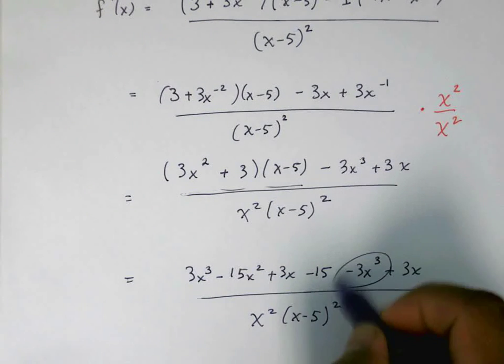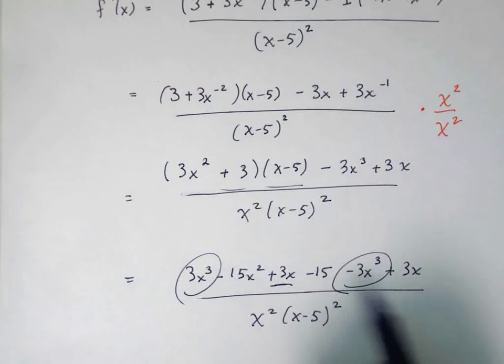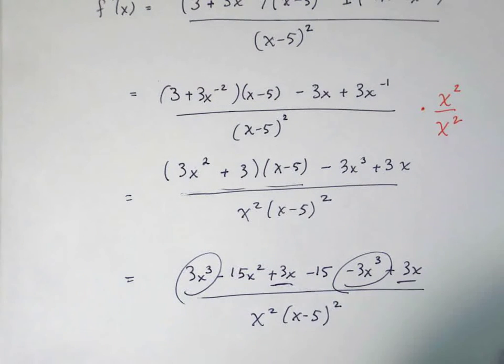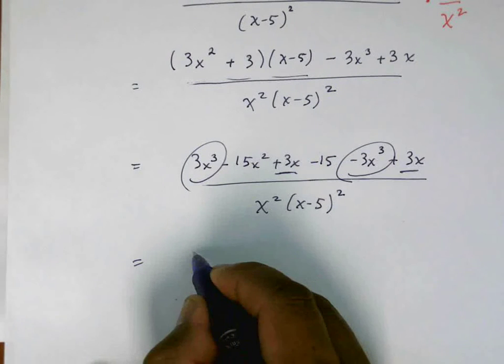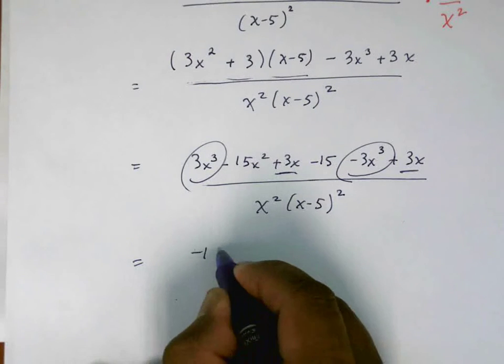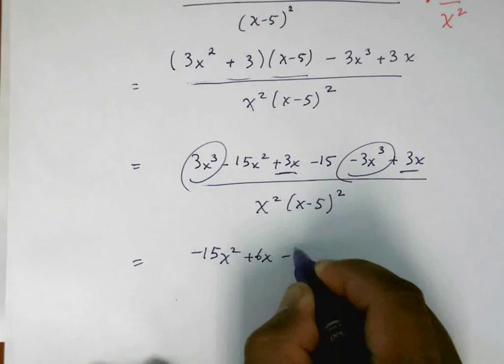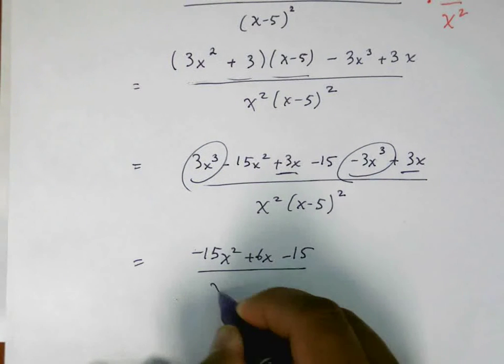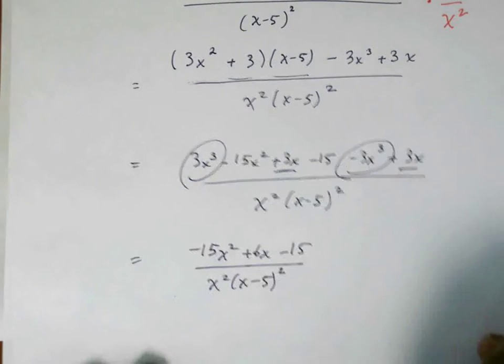Negative 3x cubed and 3x cubed, that goes away. Then we have 3x and 3x, that's going to give me 6x. So then what I have is negative 15x squared plus 6x minus 15 all over this expression, x squared times quantity x minus 5 squared.